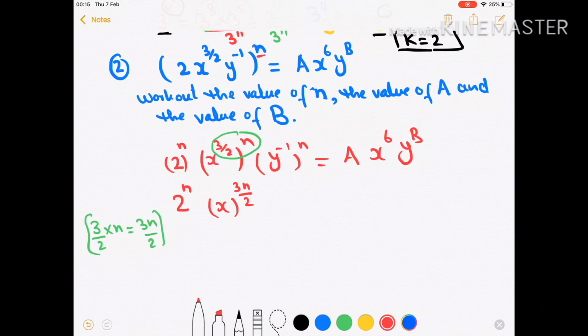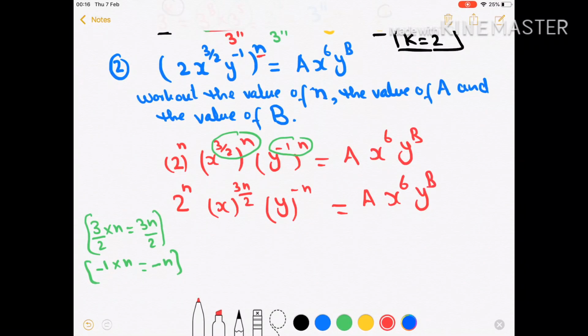And again, y to the power minus 1, another power is n. Raising one power to another, you have to multiply them. Minus 1 times n will come minus n. So y to the power minus n will come on the left hand side. On the right hand side, the similar thing: a x to the power 6, y to the power b.